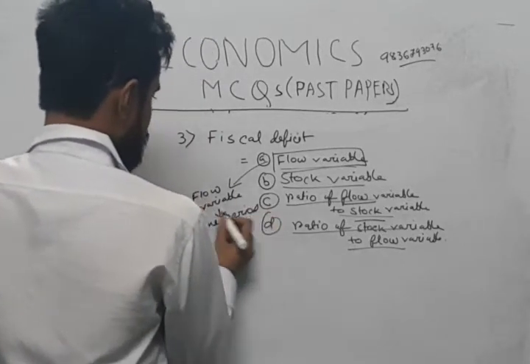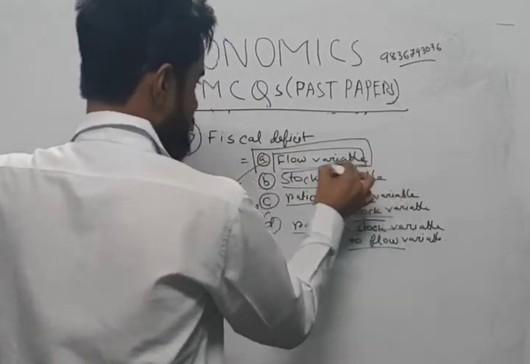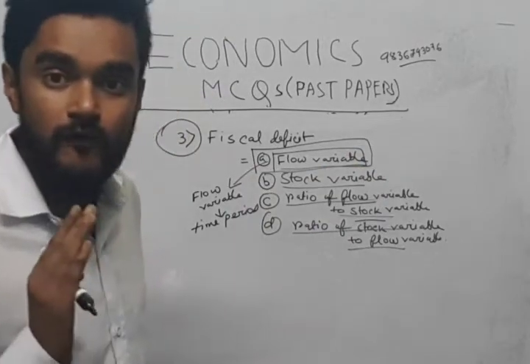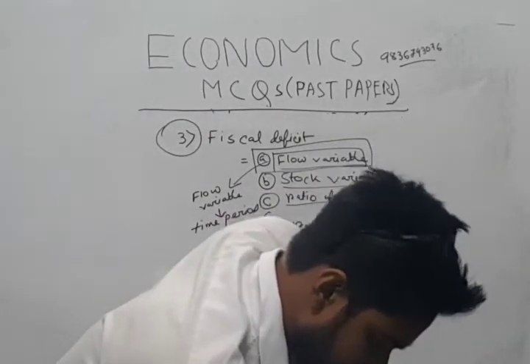So for question number 3, the right answer would be option A, that is, fiscal deficit is a flow variable. Now I'll go to the next question.